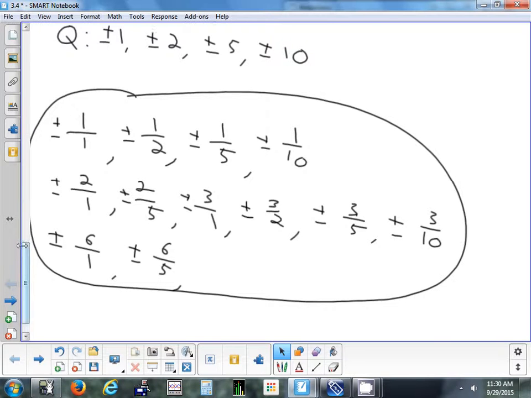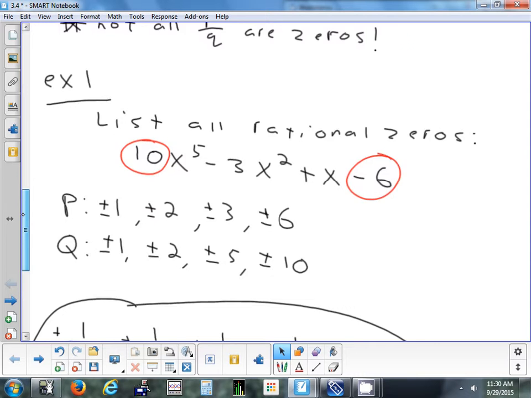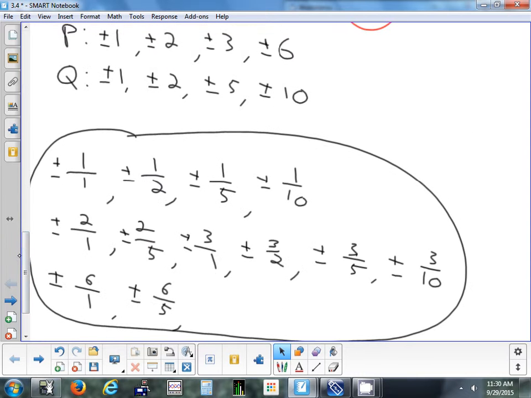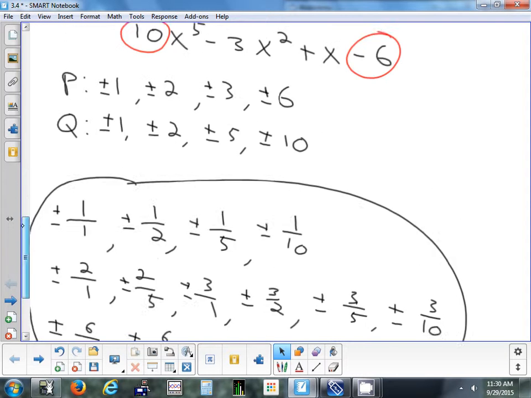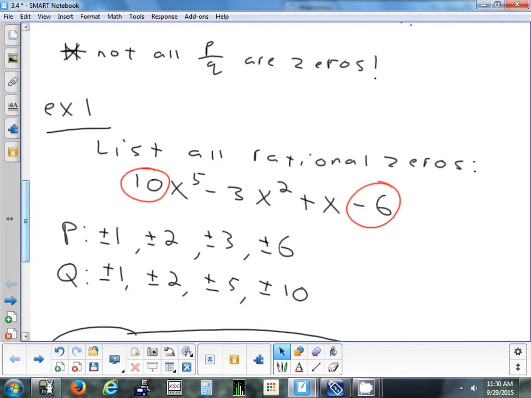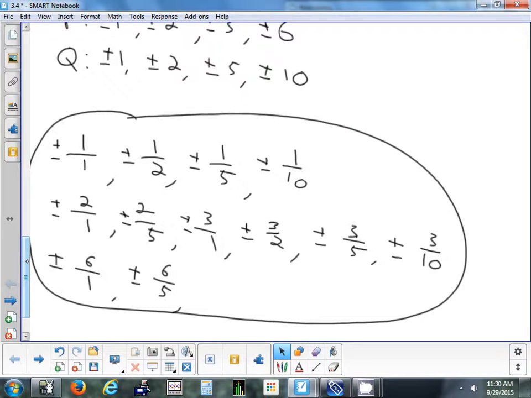About 0.95? Yeah. Well, all this problem really said to do was list the rational zeros. We've done that. We made a list. I don't think any of these work. I don't think this problem actually has any rational zeros.